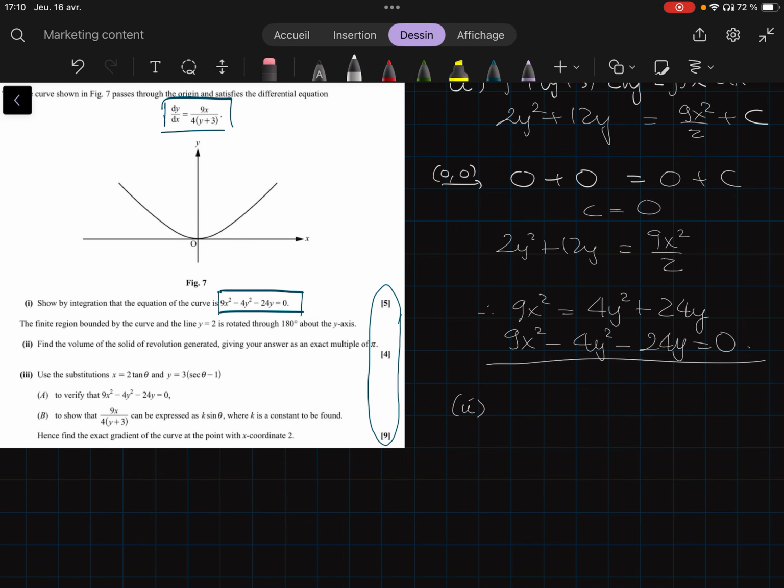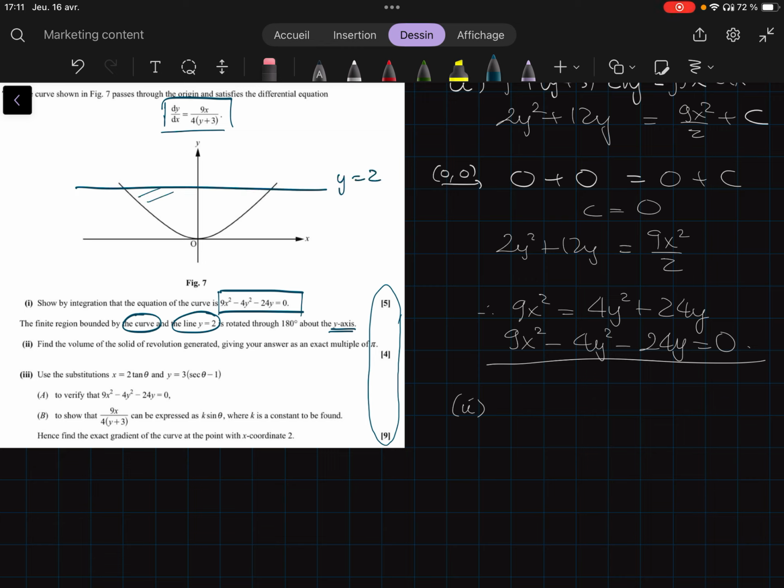Find the volume of a solid of revolution generated, giving your answer as an exact multiple of pi. Cool. You have the region bounded by the curve and the line rotated about the y-axis. Question 1. Where is the region? Bang.